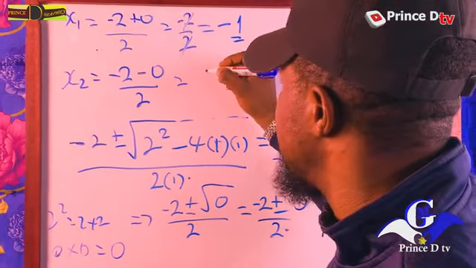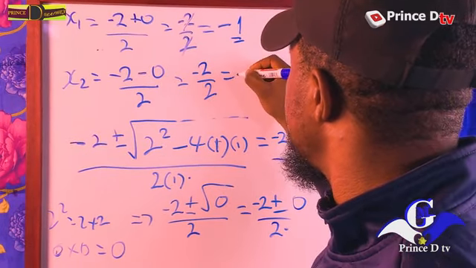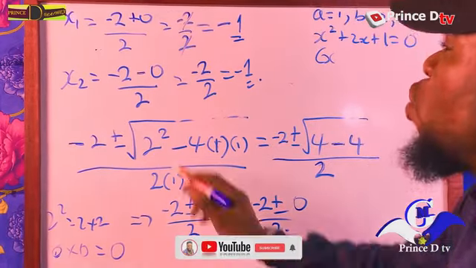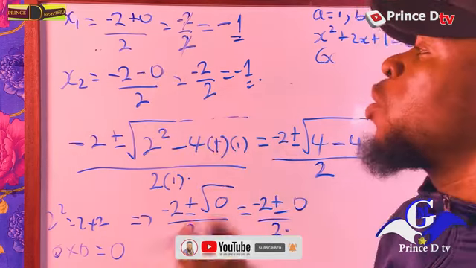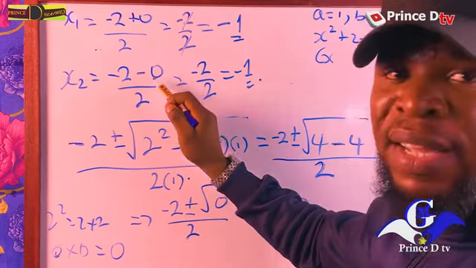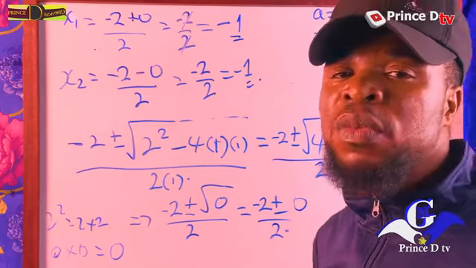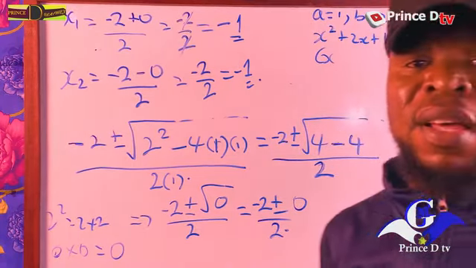It remains the same, so negative 2 over 2 is still negative 1. But in a case where, let's say, we had 1 here, negative 2 minus 1 is negative 3, so we'd have negative 3 over 2. You simply use basic operations on what is there.